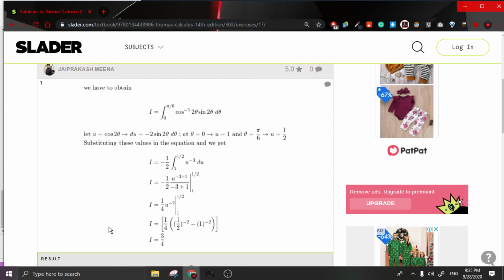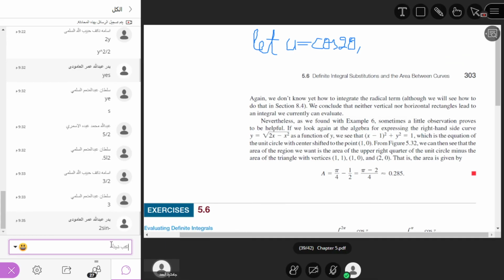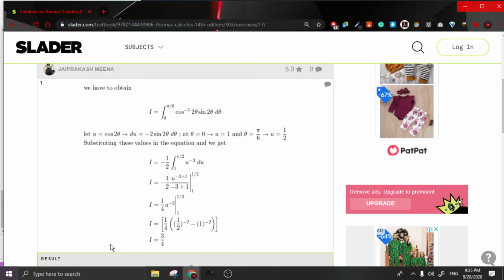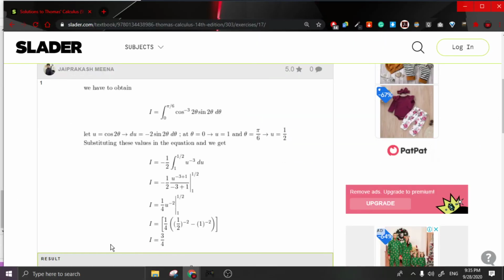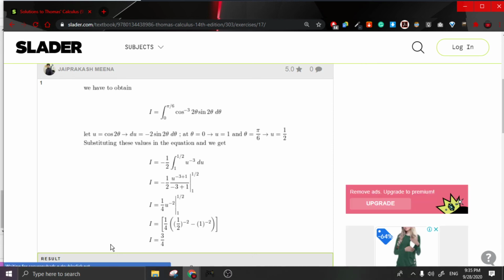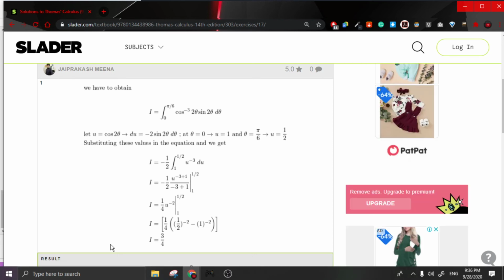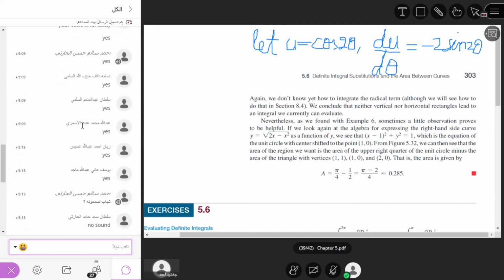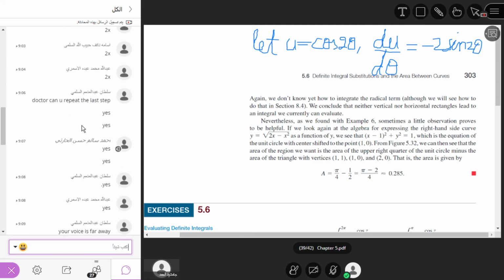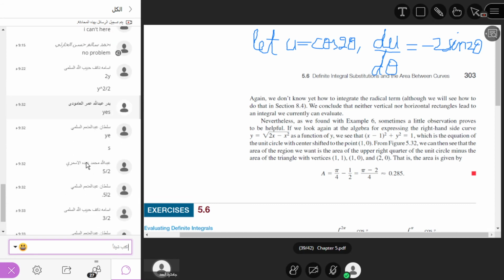Yes, minus 2 sine 2 theta. So here we find du over d theta, it is equal to minus 2 sine 2 theta.